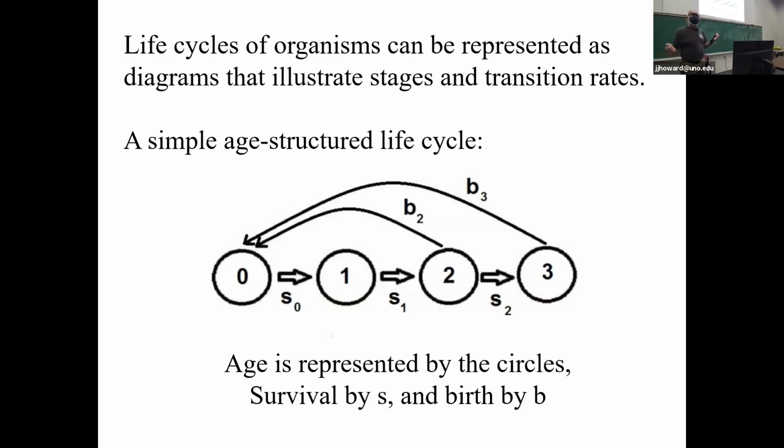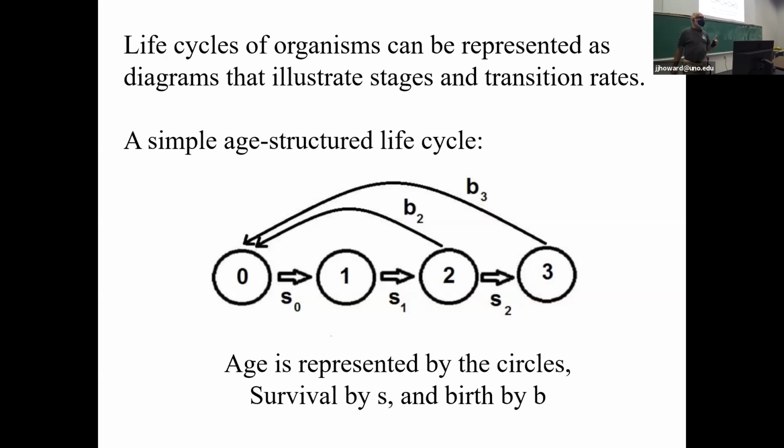I invite you to consider what happens to the individuals that don't survive from one age to the next. What would be the logical disposition of those individuals? If they don't survive, they die. Yes, exactly. That is a simplifying assumption we are making.